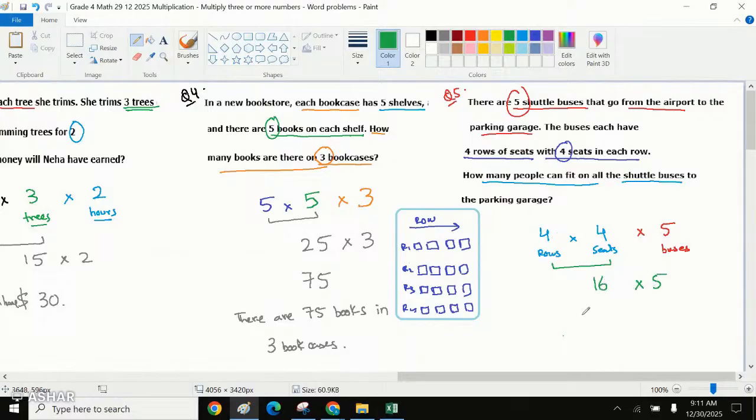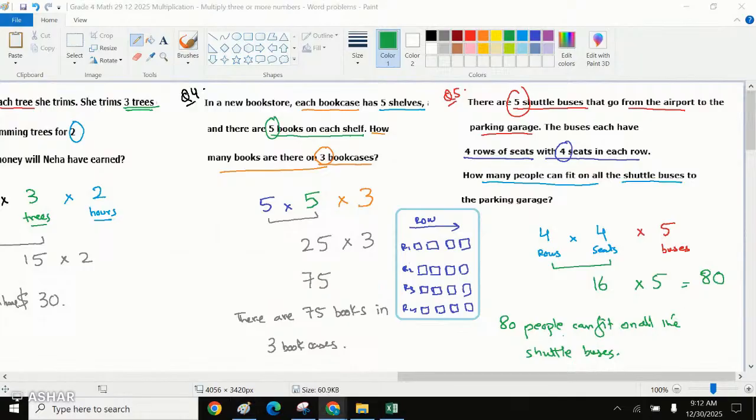Multiplied by 5, that means it would be equal to 80, right? So we can say that 80 passengers or people, because they've used the word people, can fit on all the shuttle buses, right? The total 80 people can go together to the parking lot.